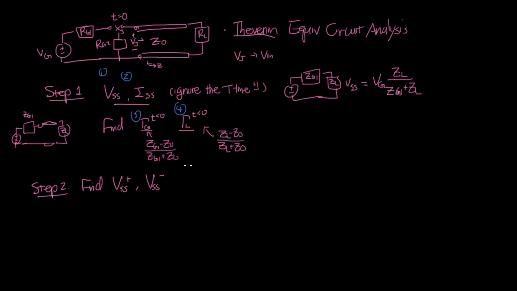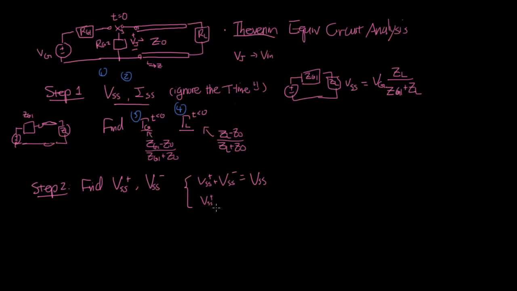And we can find that by solving a system of 2 equations and 2 unknowns. So the 2 facts that we know is that the 2 added together should be our steady state solution. So VSS plus VSS minus is going to be equal to VSS. And then the second thing is that the currents added together is going to be ISS.